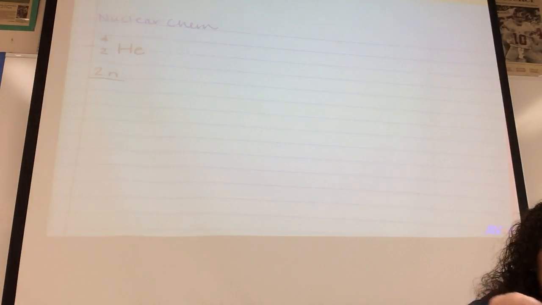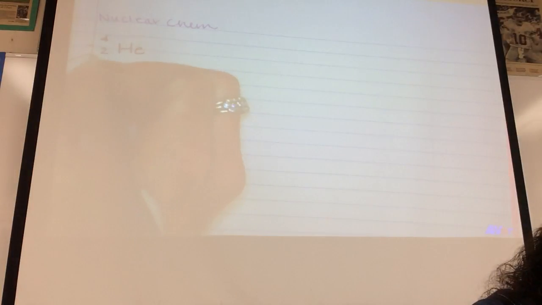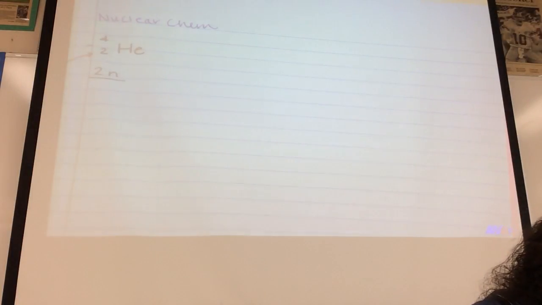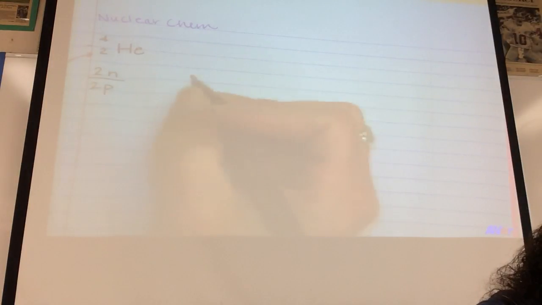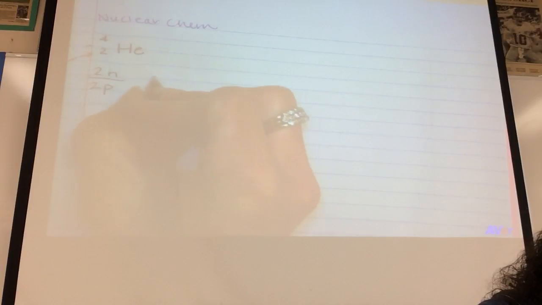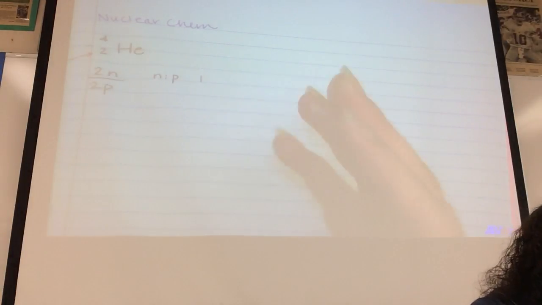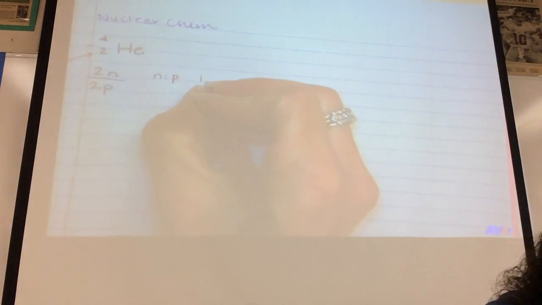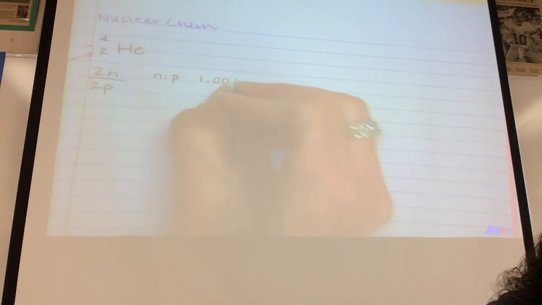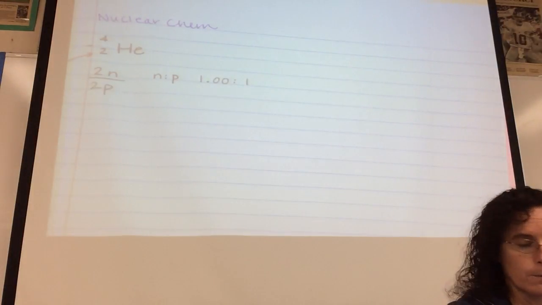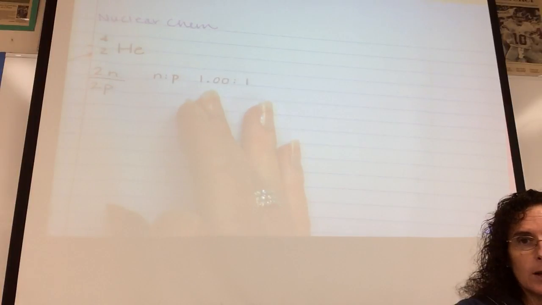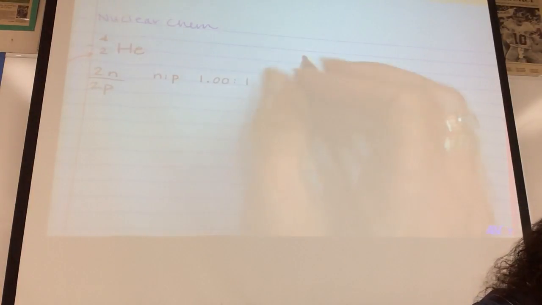Protons is always, always, always, always equal to the atomic number. So this is going to have 2 protons. 2 divided by 2 is 1. So the neutron to proton ratio here is going to be 1 to 1. And when we do this division, I like to maintain to the 100th place. You'll see why in a few minutes. But it's going to be a 1 to 1 ratio. That indicates stability, and we'll take a look why in just a minute.